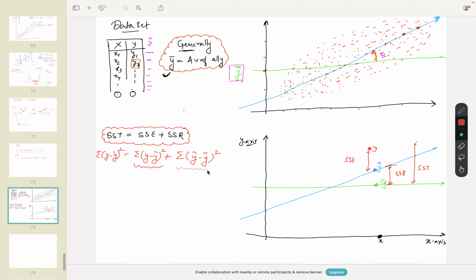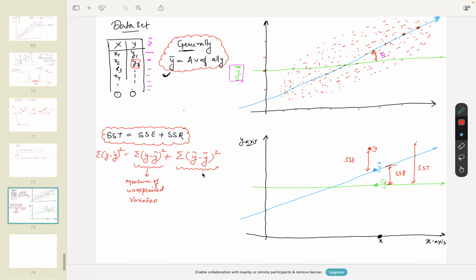So these are sum of square of error and sum of square of residual, and we also call the first a measure of unexplained variation.